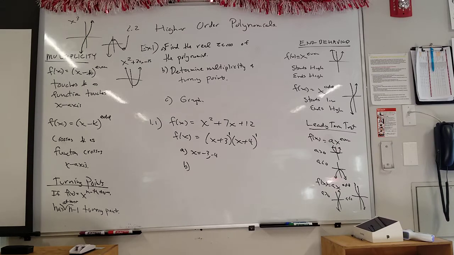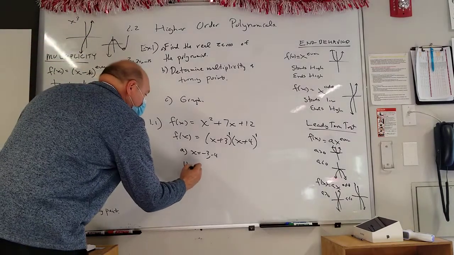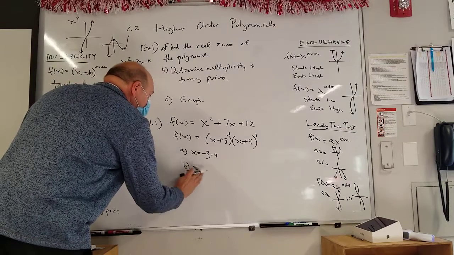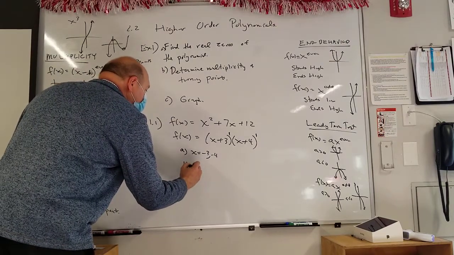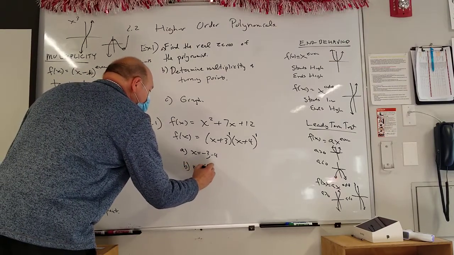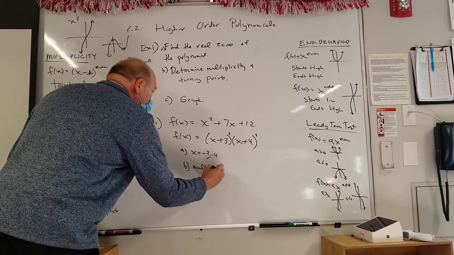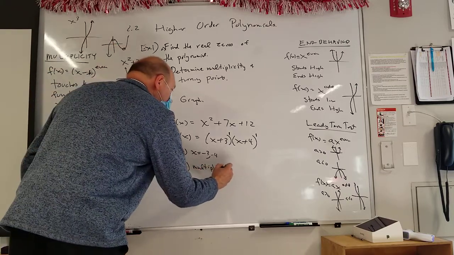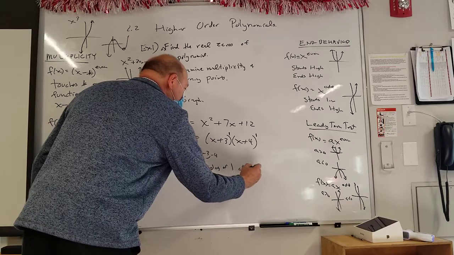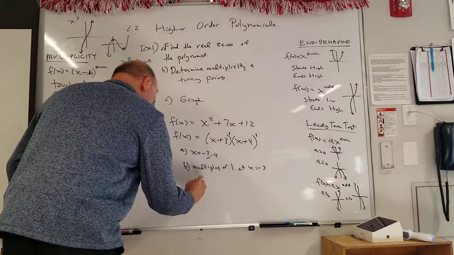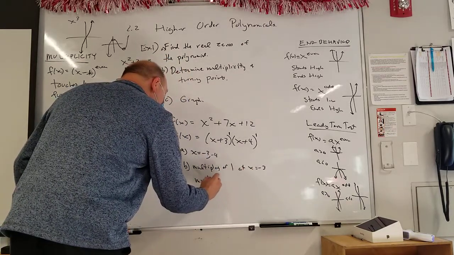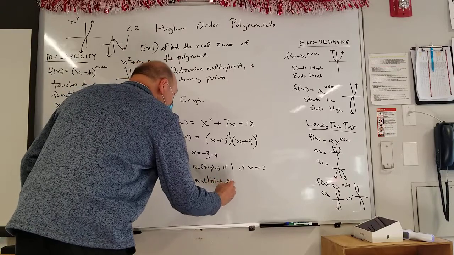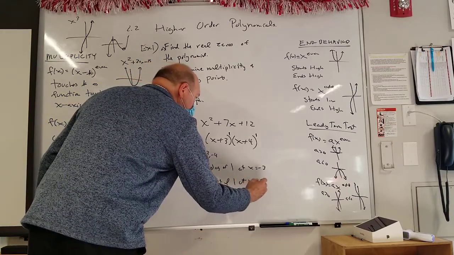Part B, so let's go. Determine multiplicity. Multiplicity of 1 at x equals -3. Multiplicity of 1 at x equals -4.